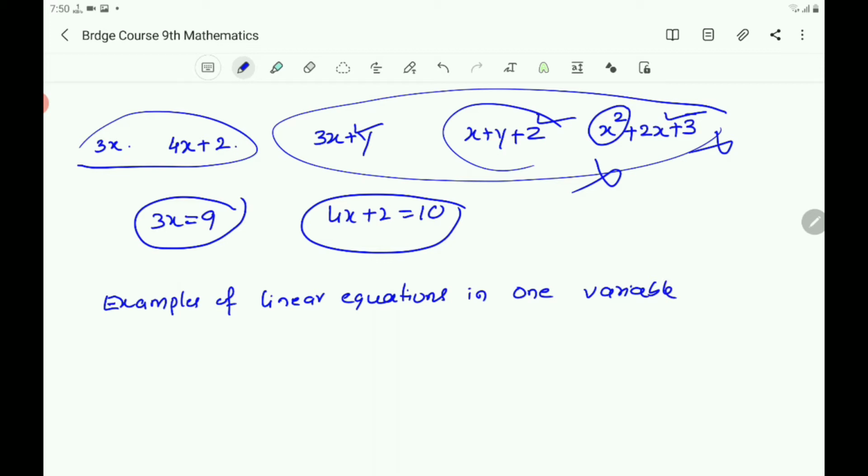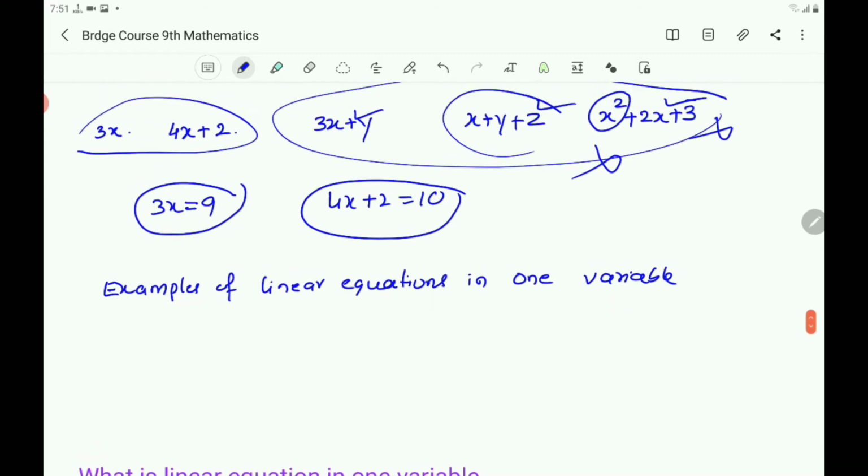Here see the condition. Equation, its word is there, and one variable. And linear. Here linear means highest power is 1. Equation means equal sign must be there. One variable means only one variable must be there. Then only it becomes the linear equation in one variable. You can give any number of examples here.